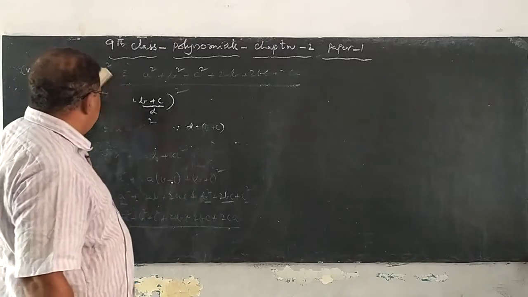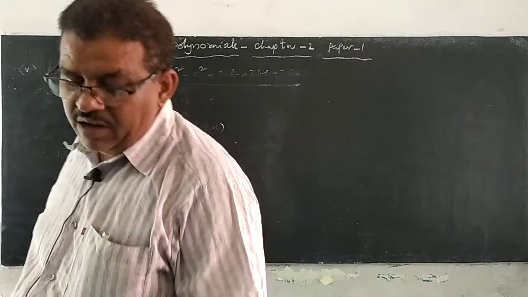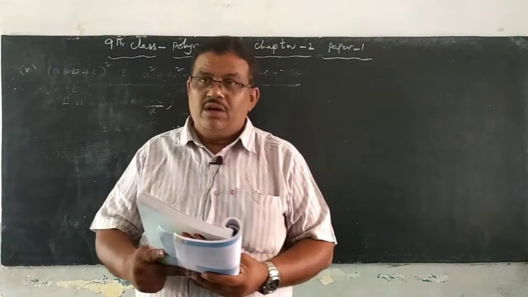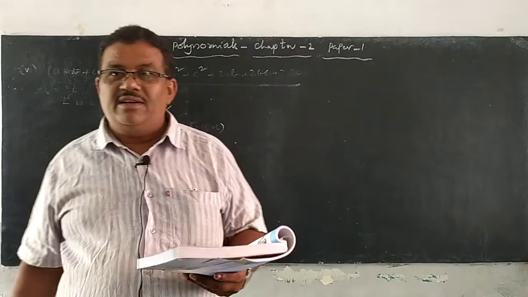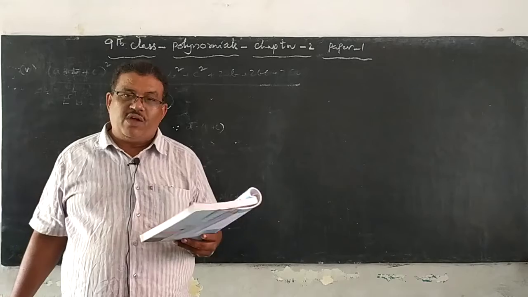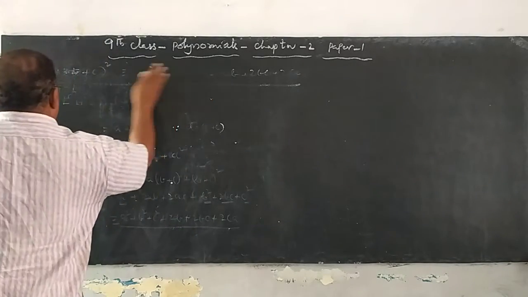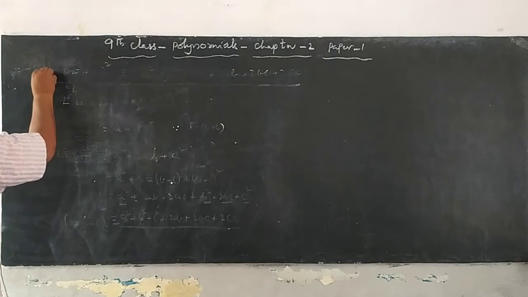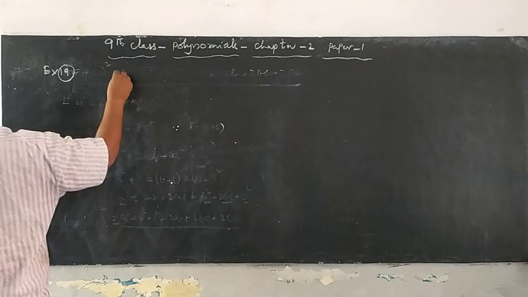So in these expansion problems, page number 51, example 19: expand (2a plus 3b plus 5) whole square, children. What is the problem?